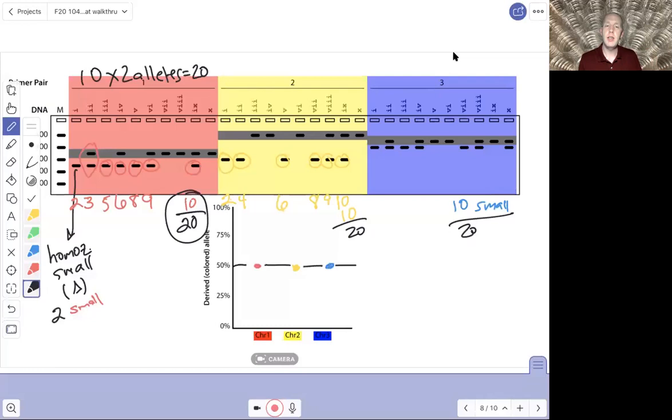So that's what we see here. That sets up our expectation. And what we're going to do now is see if in the F2 generation, there is a deviation from expected. If we see frequencies that are much higher or much lower than 50%, that can give us an indication that inheritance laws are being broken. And one of the reasons that can happen is because of hybrid dysfunction and deleterious genetic interactions.